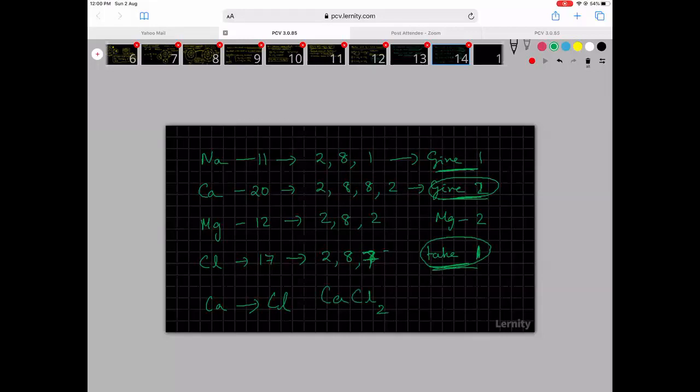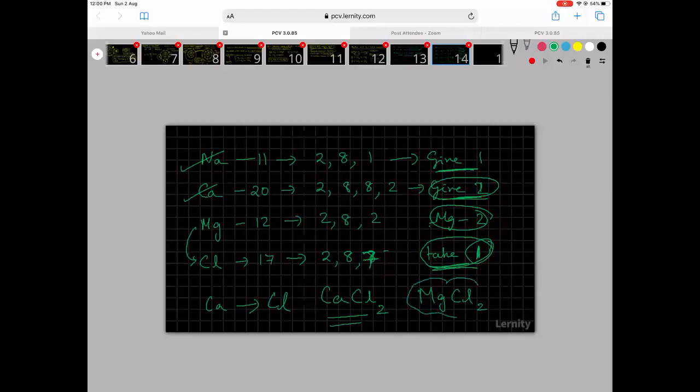So you have CaCl2. Similarly, magnesium also wants to give. It can't give to sodium because sodium won't take, and it can't give to calcium because calcium won't take. So magnesium will only react with chlorine. So it will form MgCl2, because magnesium wants to give 2, but 1 chlorine can take only 1, so 2 chlorines are required to take both the electrons from magnesium.